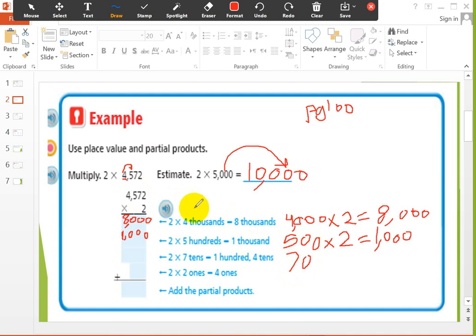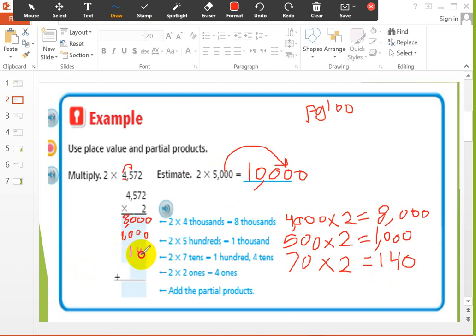Because I have to multiply 7 with 10. 7 multiply 10 equals 70. So I will multiply here 2 with 70. I have to multiply 2 with 7 and put a 0 next to the answer. 2 multiply 7 equals 14. Okay, and put a 0 next to the answer. So the answer will be 140.